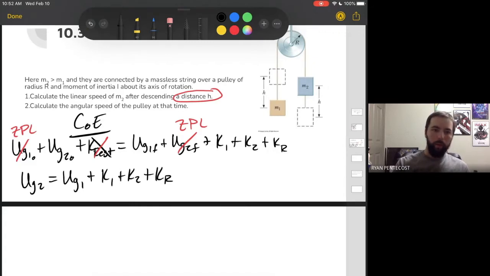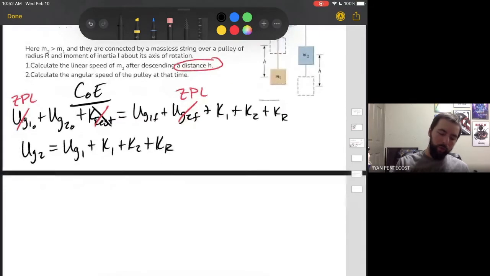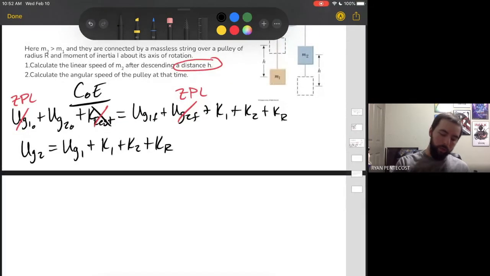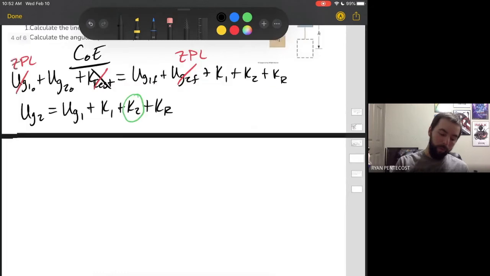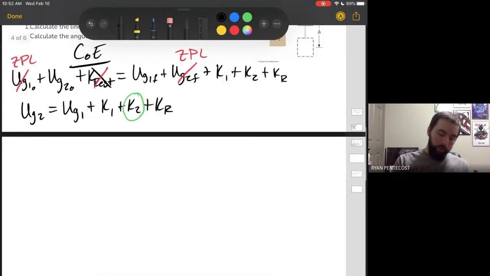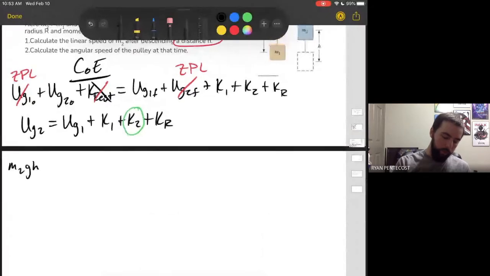Okay. Now, if we want the linear speed of M2, that means that we are trying to break this apart into its core components, 1/2 mv squared, and we'll solve for v. So first, let's get it all in component form. So UG2 will be M2GH, UG1 would be M1GH, right?